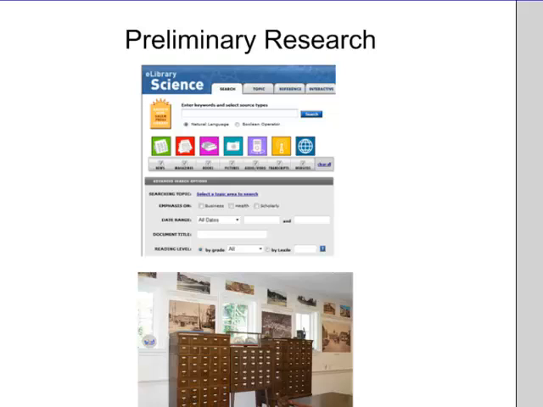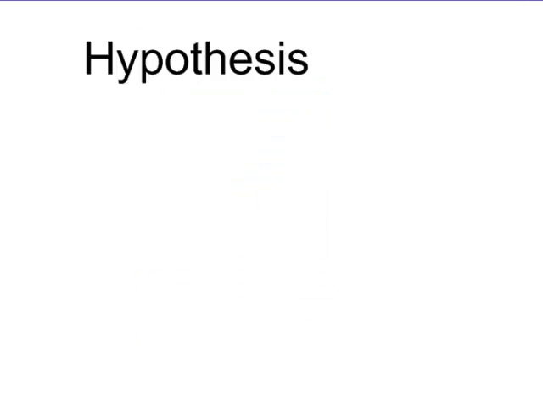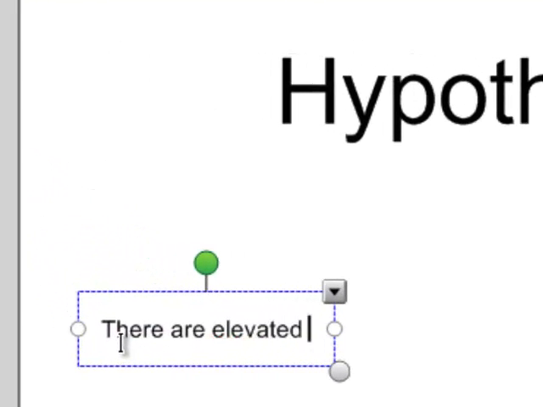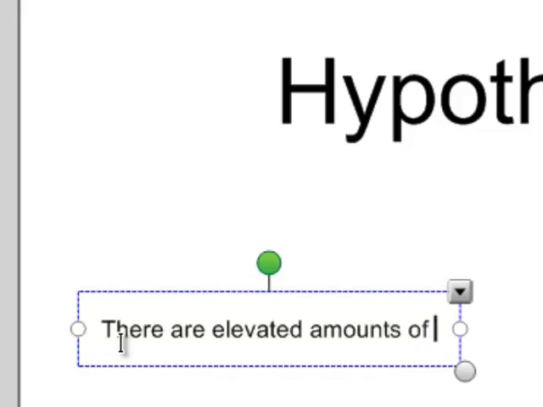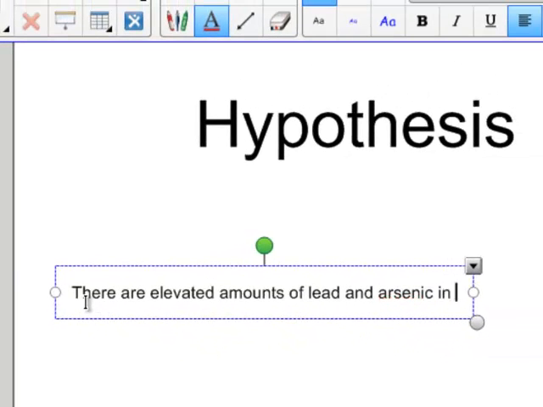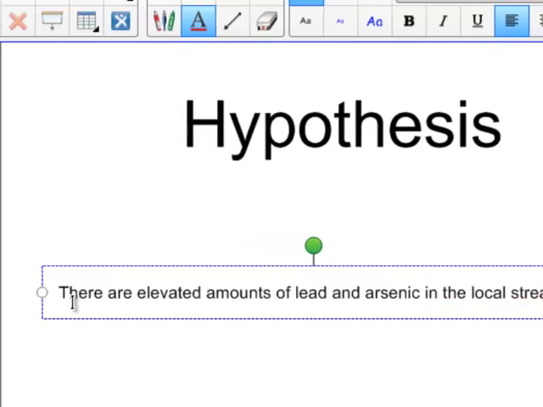From that preliminary research, you narrow down your idea so that you can make a hypothesis. Maybe I make a hypothesis that there are elevated amounts of lead and arsenic in the local stream.